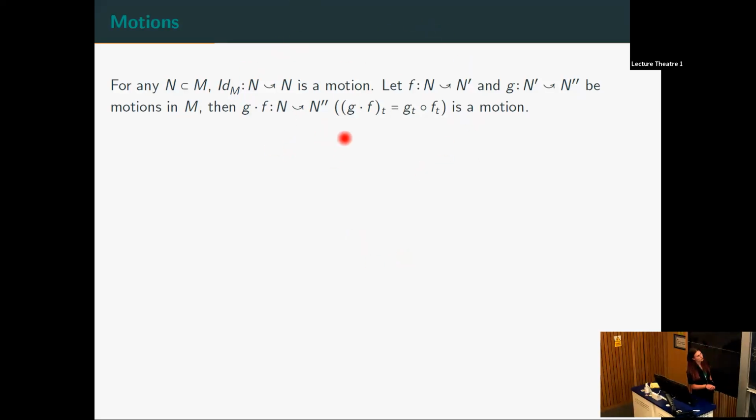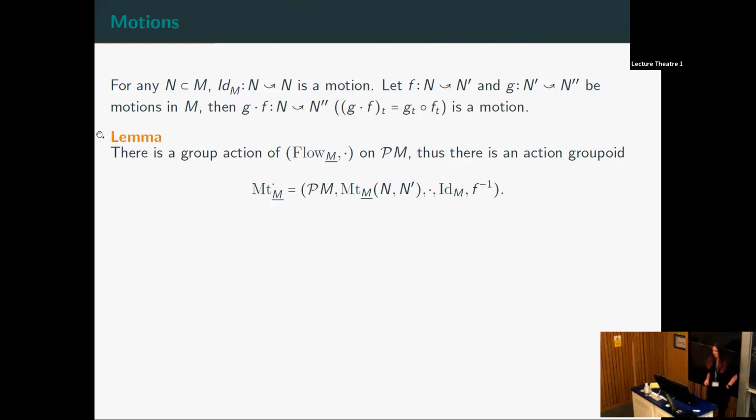So we take a motion F from N to N prime, and G from N prime to N prime prime, and this gives us a motion from N to N prime prime. And so what we have is that we can construct an action groupoid, where the objects are this power set of all subsets of M, the morphisms are these motions, with dot composition, identity, and this pointwise inverse.